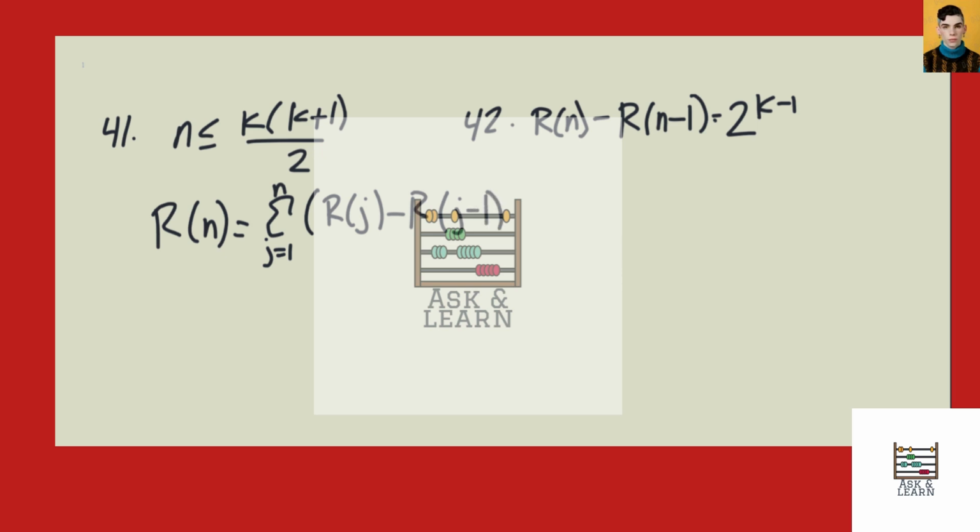So this is from the telescoping nature of the sum here in problem 42, and the fact that r(0) is equal to 0, which was also in, I think, problem 41. Okay, well, so this is the sum of 2 to the power of k minus 1.